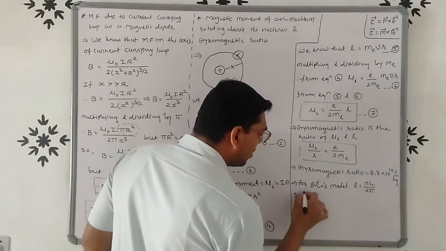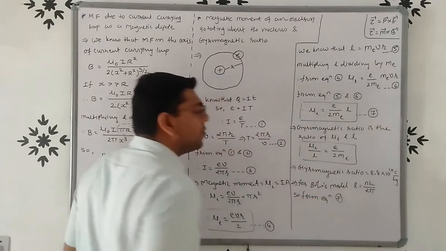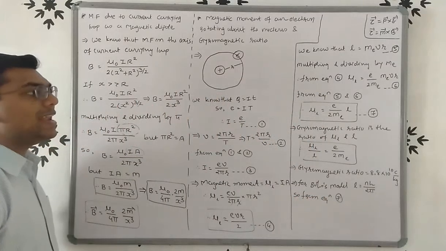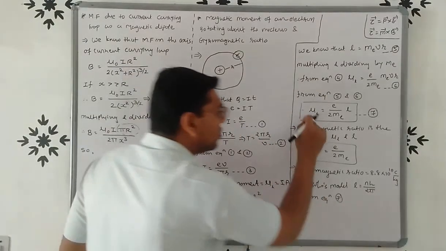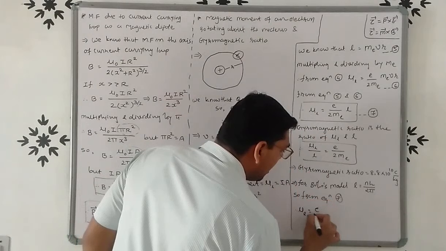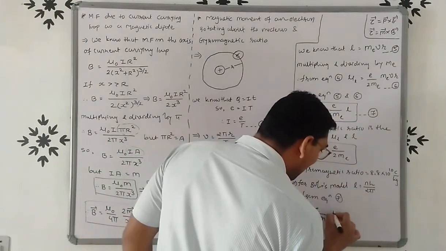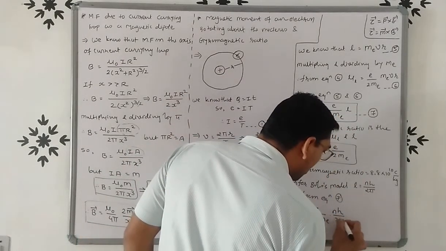So from equation number 7, if we want to find out the value of moment, μ_L is equal to e upon 2m_e into L, that is nh upon 2π.